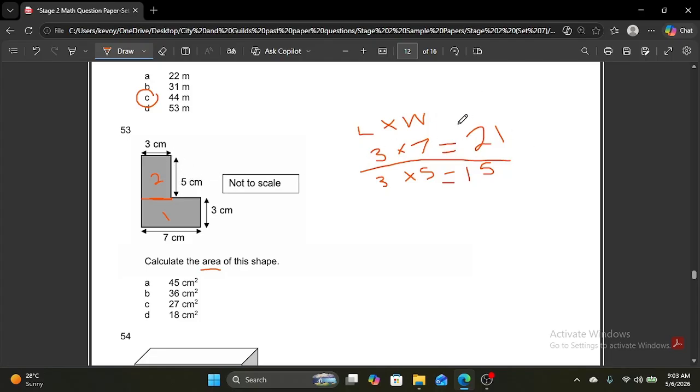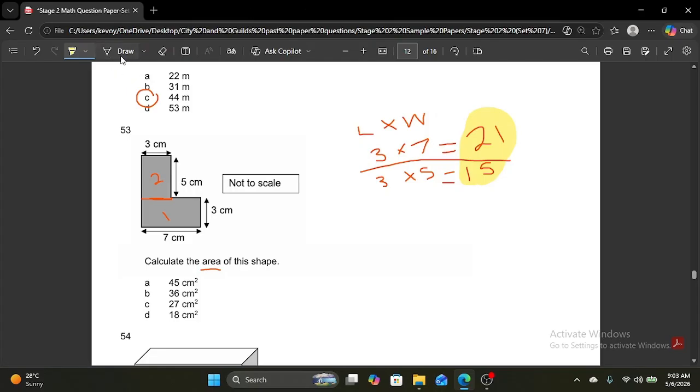After we know the area for the two shapes, after separating them into two rectangles, we'll just add the two areas together. So let me highlight it. Let me quickly add the two areas together in order to get the complete area of the complex or compound shape, I should say.